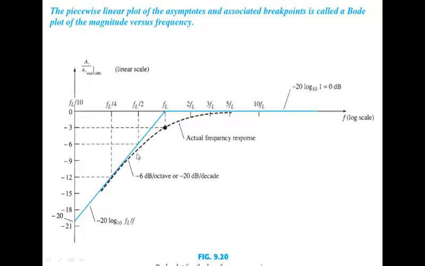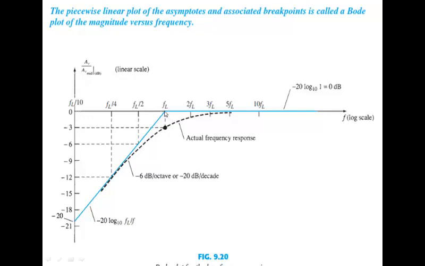So first of all, this is a high pass filter. At high frequency the response is maximum, and at low frequency the response is decreasing. And secondly, this is an asymptotic response. It is a straight line plot. There are two asymptotes or two straight line segments. One is for low frequencies and the other is for high frequencies, and FL is the break frequency.